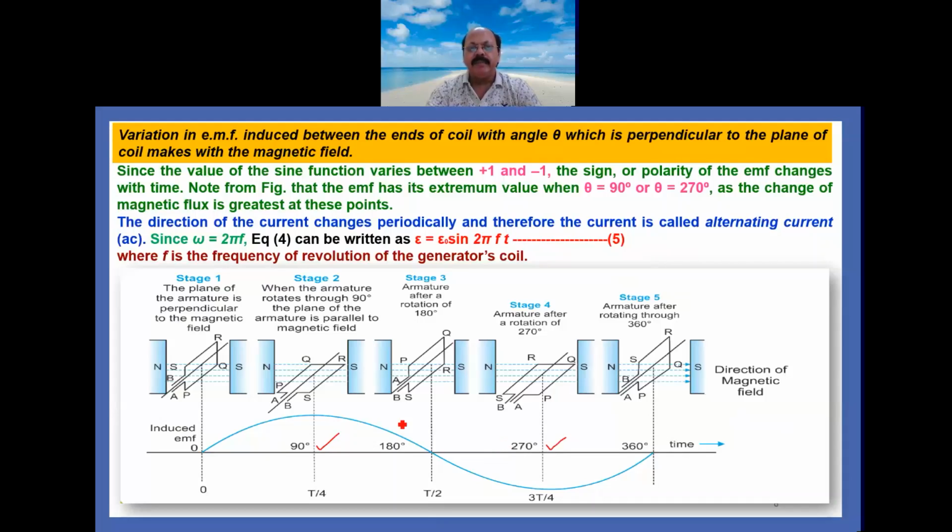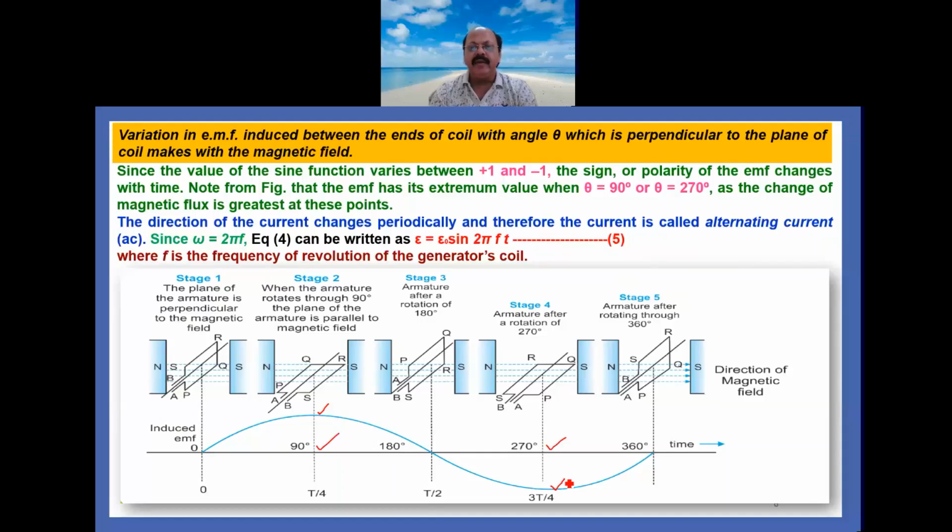Here it is plus E naught, that is the maximum value. Here it is minus E naught, meaning the polarity gets changed at angle 270 degree due to the change in magnetic flux. At these two angles, theta equal to 90 degree and 270 degree, the magnetic flux change is the greatest. The direction of the current changes periodically, and therefore the current is called alternating current.